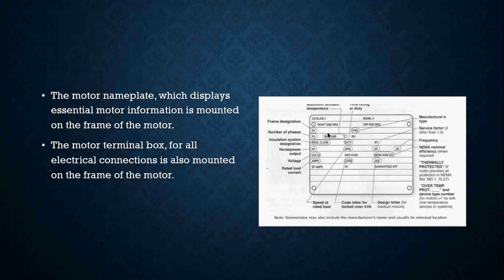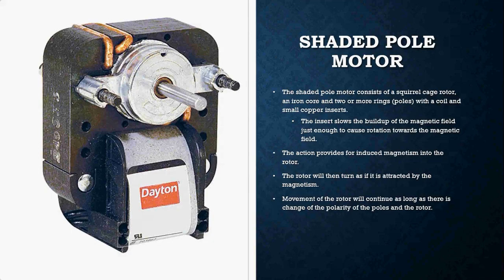Sometimes they're rated in Celsius, sometimes in Fahrenheit, depending on the manufacturer. It gives you what type of thermally protected device is in the motor, and it also gives you your manufacturer's type. So a lot of information can be on a nameplate when we're looking at the motor and trying to figure out what is actually going on with it and what it's actually doing.